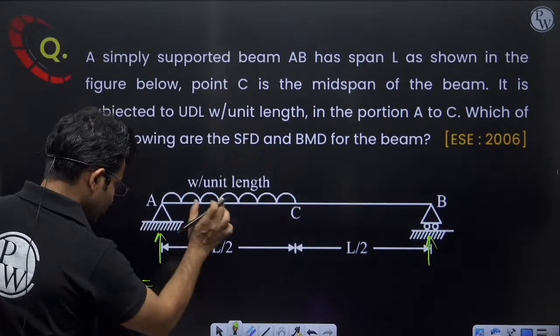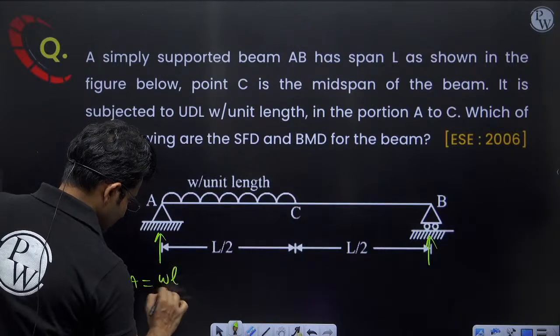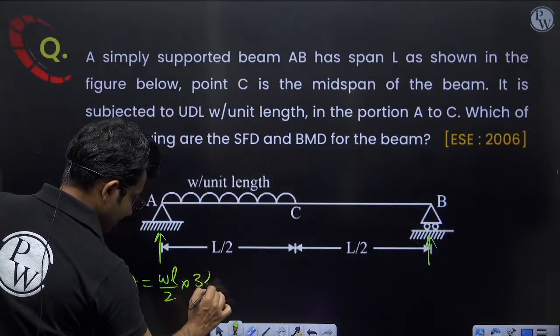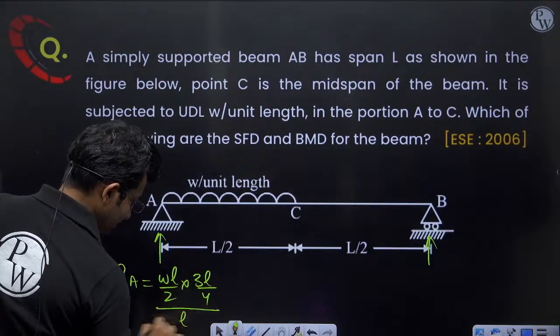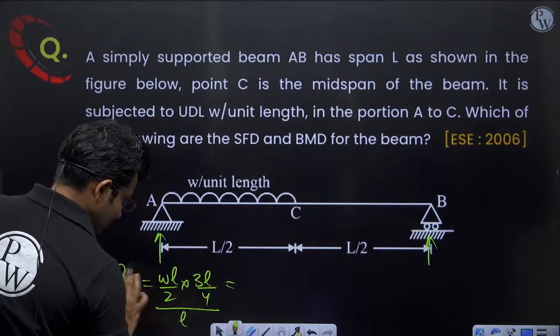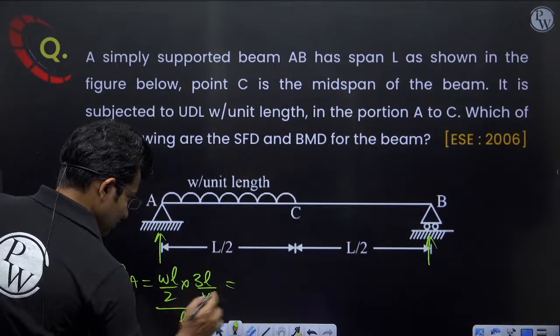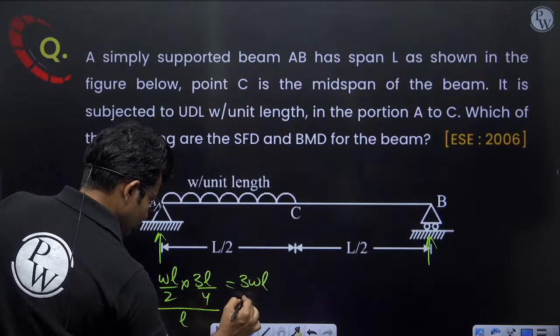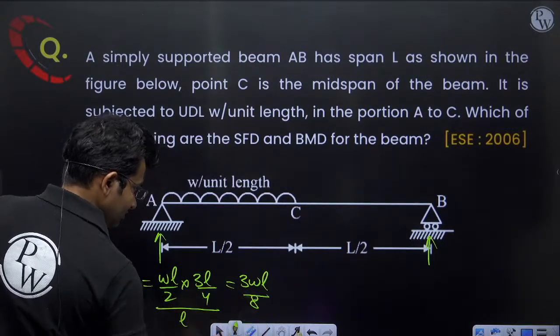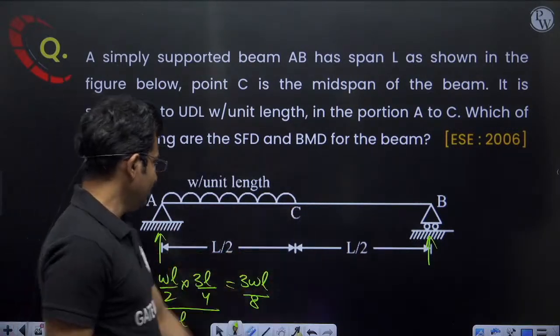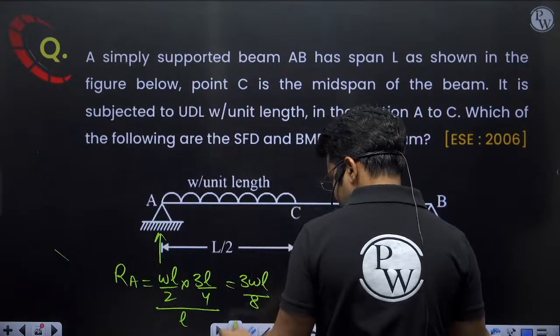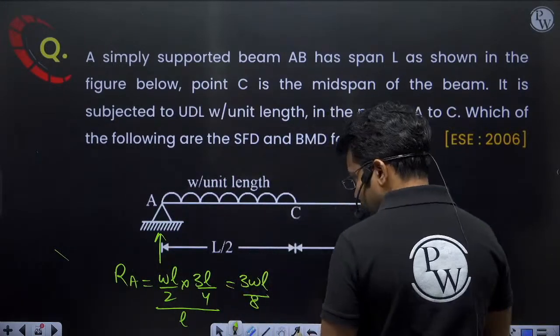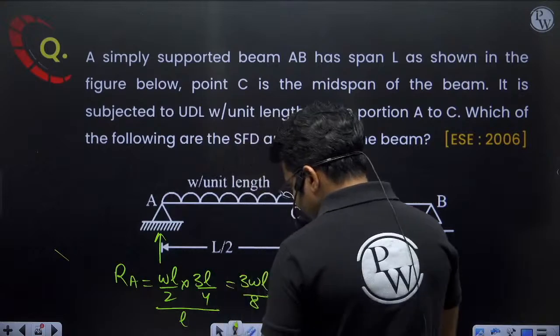So WL by 2 into 3L by 4, and the total length is L. So I will be getting 3WL by 8.